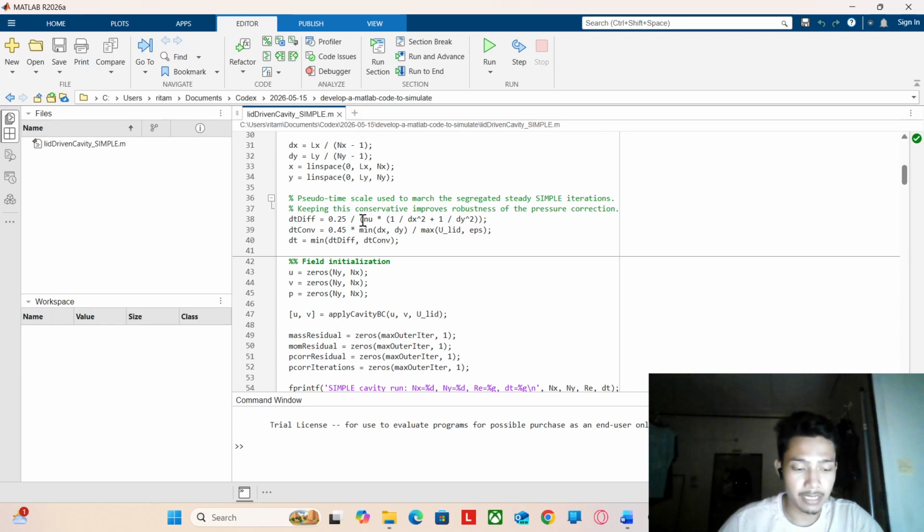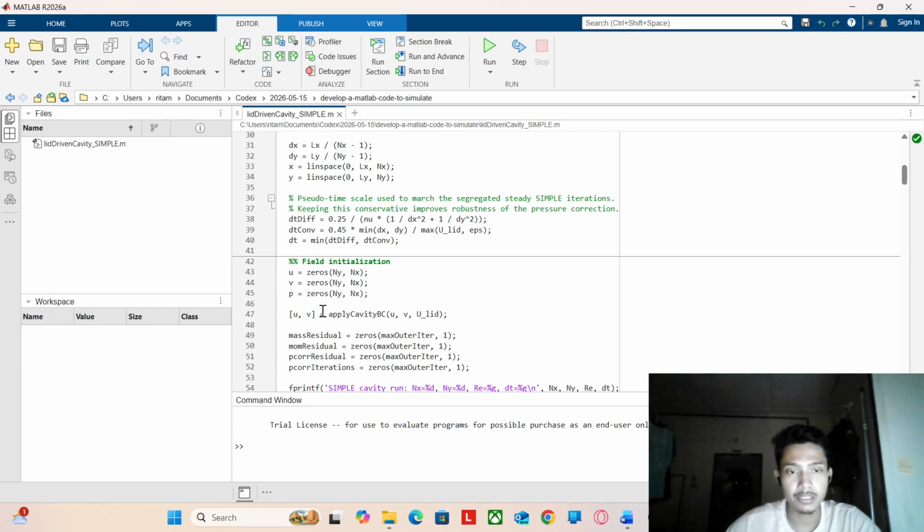These pseudo-time steps improve numerical stability of the SIMPLE iterations. Now field initialization. u equal to zeros ny, nx, v equal to zeros ny, nx, p equal to zeros ny, nx. Initially, velocity and pressure are assumed zero everywhere.